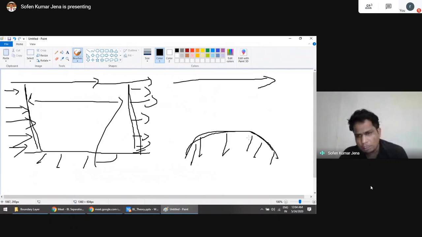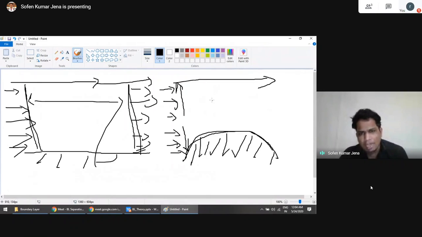This is my solid surface, a curvature body system. When the flow enters this path, there is some huge gap. As the flow goes on moving, around this point the flow contracts, from here to here.